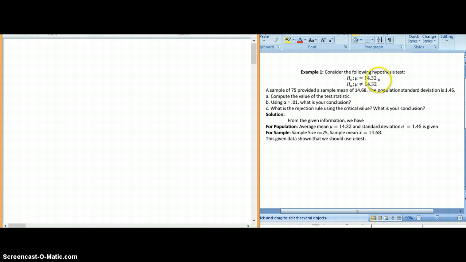So whatever information is given, first let us write that thing. First of all, the hypothesis is given. So we'll write hypothesis. What is given?